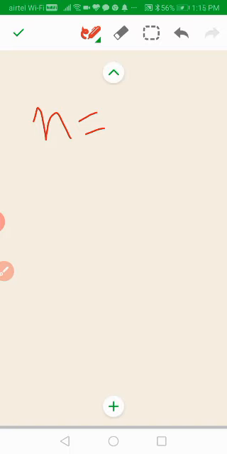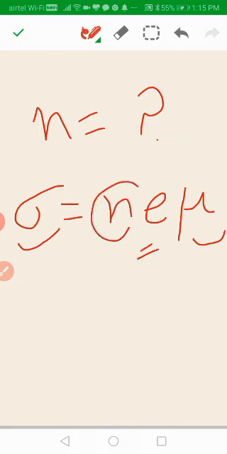So here we need to find n. As we know, sigma equals n e mu. This is the formula which is known to us. Sigma is given, mu is given, e is the charge of the electron, and you can calculate n very easily. Do it yourself. I won't do any calculations for you.